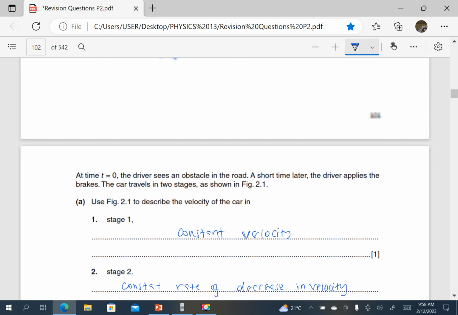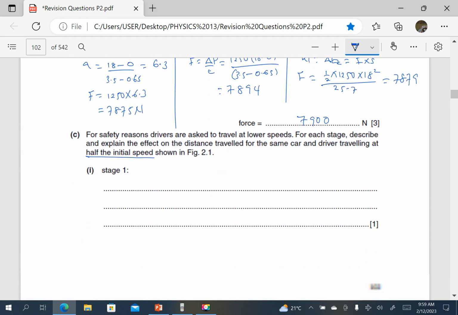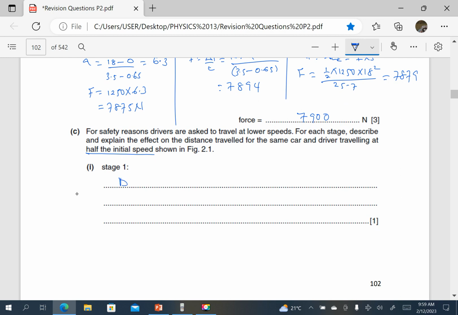If we say half of 18, that would be 9. Half of the speed, and you see that the area here is half, which means the distance is half. The distance is half since the speed is half, but the time is the same.